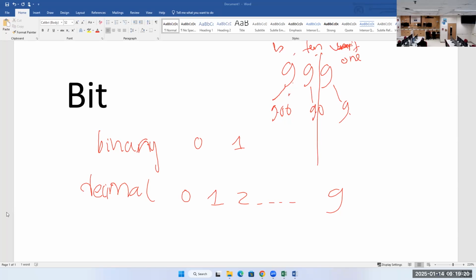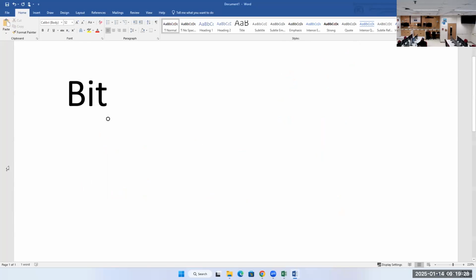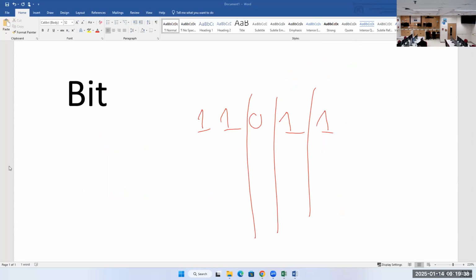The concept works exactly the same when you work with the binary number. Think about this: I have the binary number 1, 1, 0, 1, 1. Break it down into multiple columns.